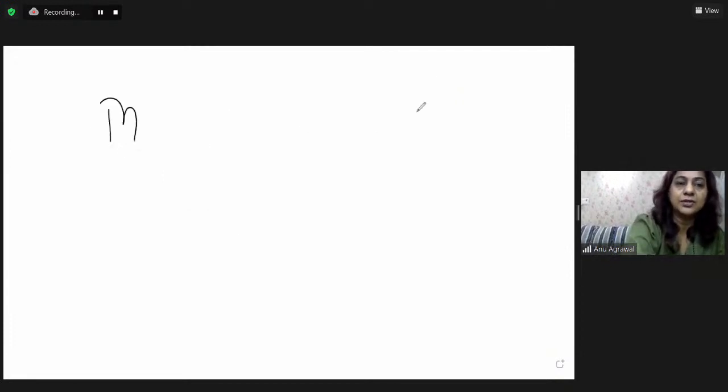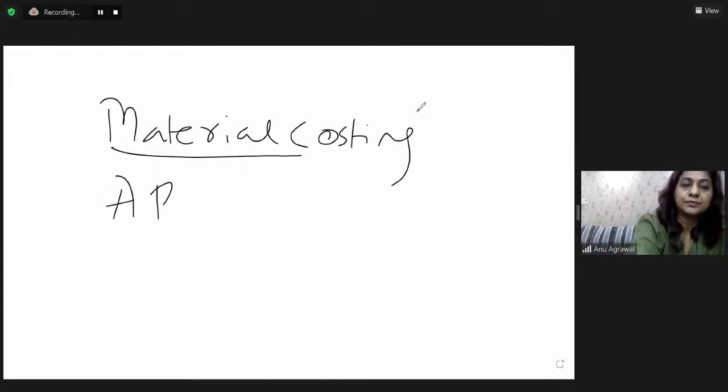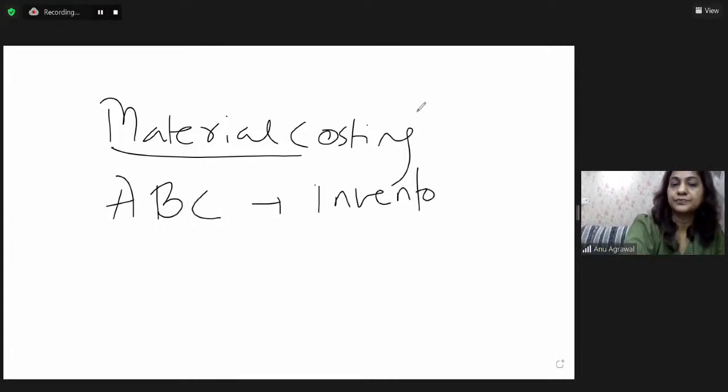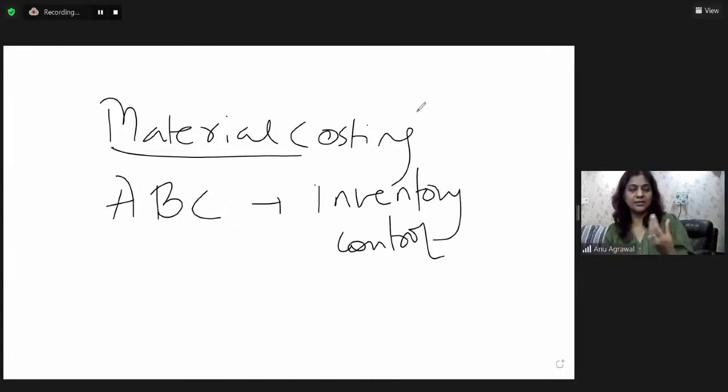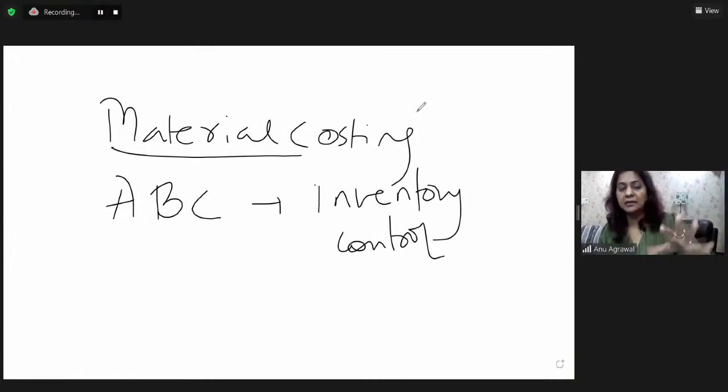When you study material costing, ABC is a method for inventory control, wherein A were high priced items but lesser in quantity, B were medium items, medium in value and medium in quantity, and C was large quantity items but lesser in value.